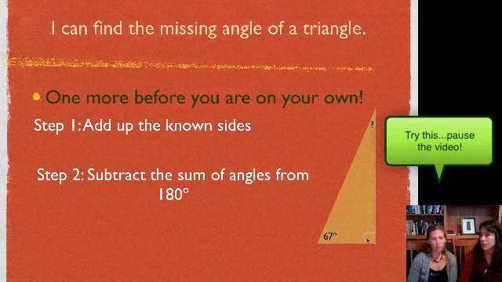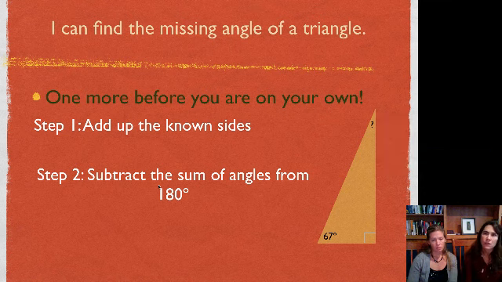It may not have the numbers, but you know what that means. Then, once you come up with your sum of these 2 angles, then you are going to subtract the sum of the angles from 180 again, because we know that all triangles, the angles add up to 180 degrees. So take a moment, pause, come on back.